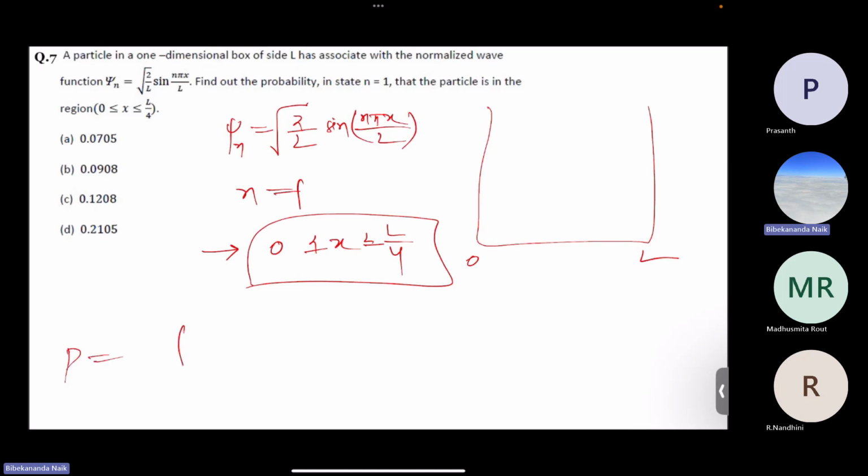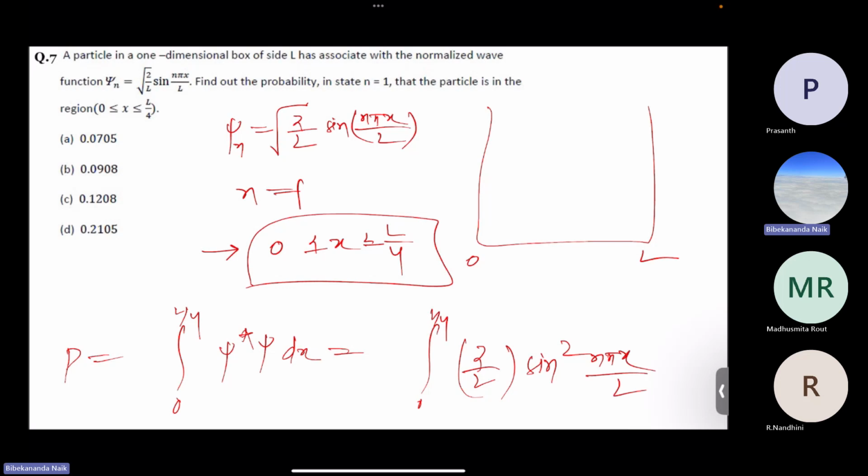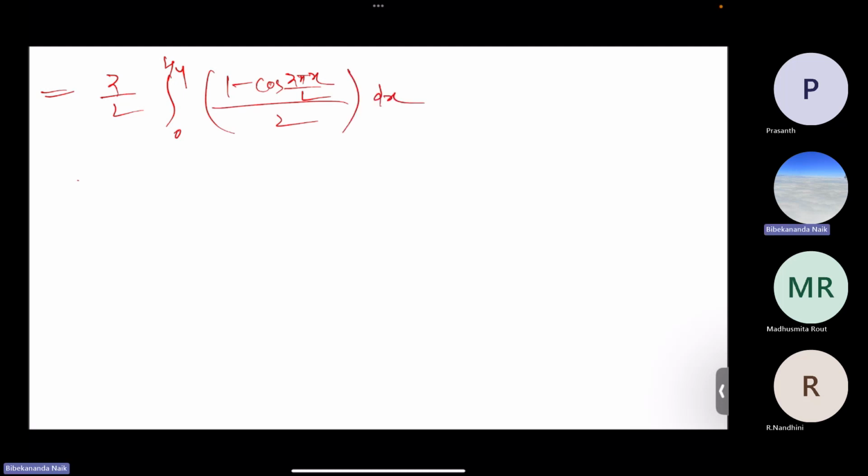The probability of the particle from 0 to L by 4 is the integration from 0 to L by 4 of psi star psi dx. The wave function is given. It is 2 by L sine square n pi x by L dx. So it is 2 by L, integration 0 to L by 4, of 1 minus cos 2 pi x by L divided by 2, into dx.